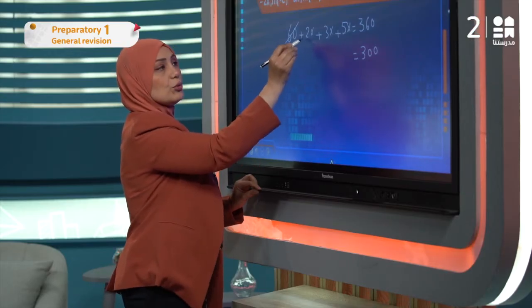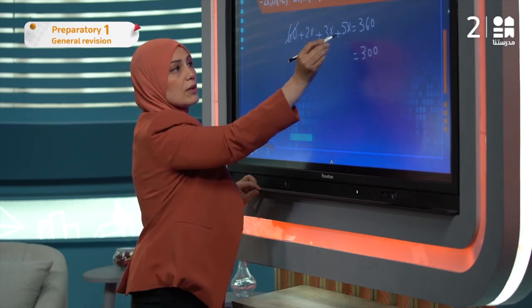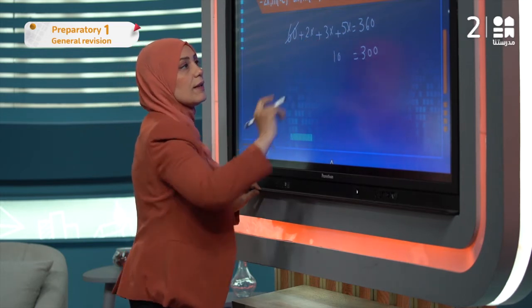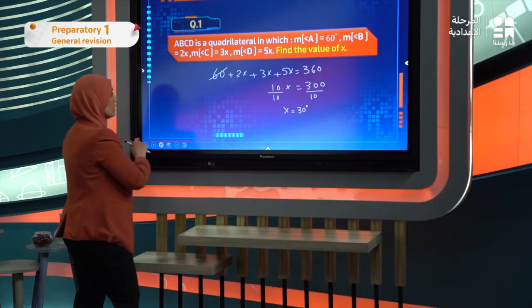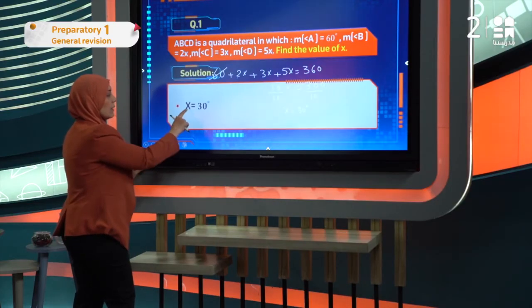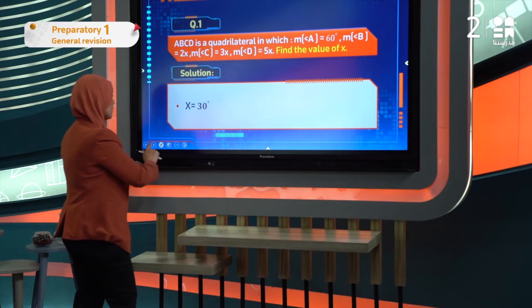Here we have 2x plus 3x plus 5x, which is 10x. To find x, we have to divide by 10 on both sides. So x equals 30 degrees. So here the solution, x is 30 degrees.